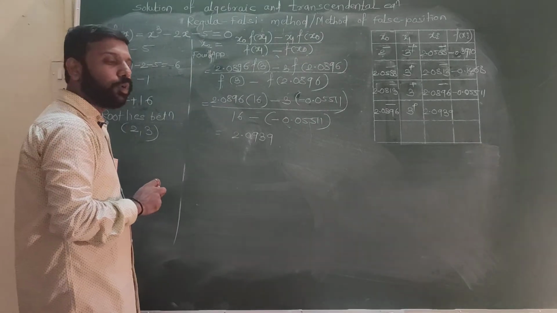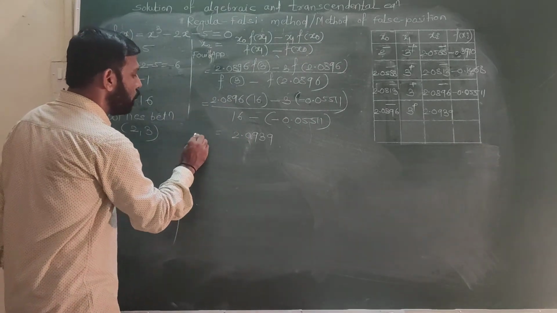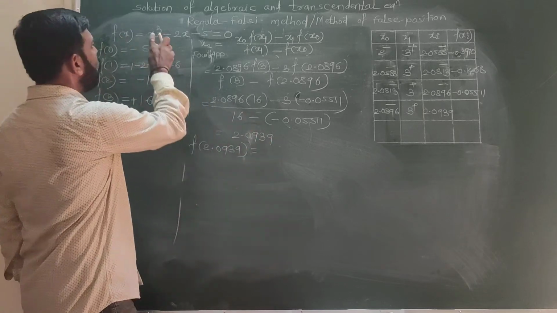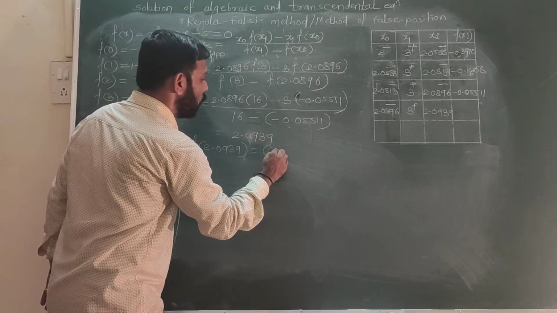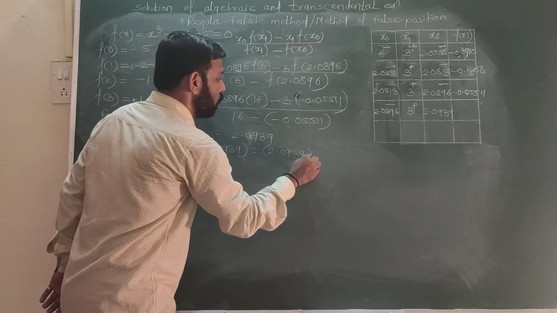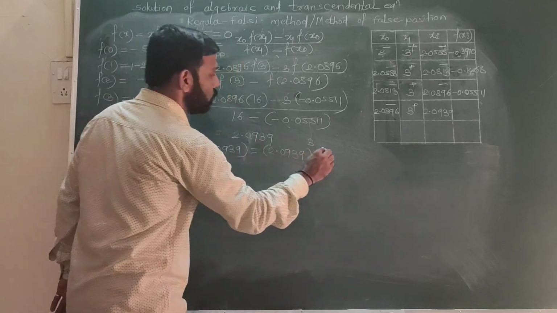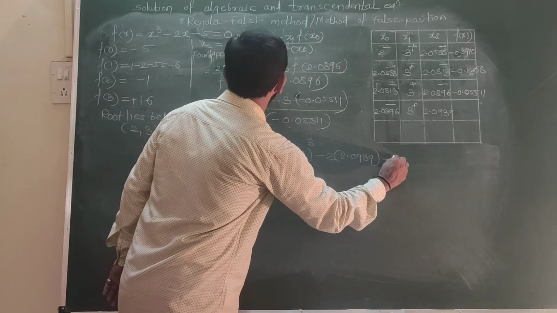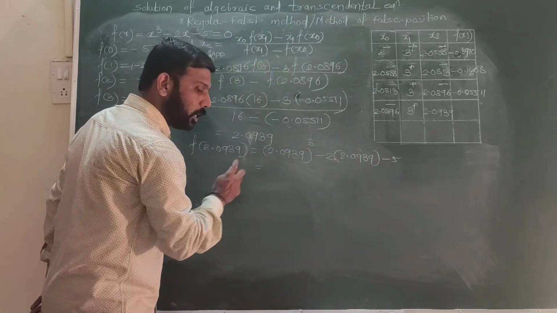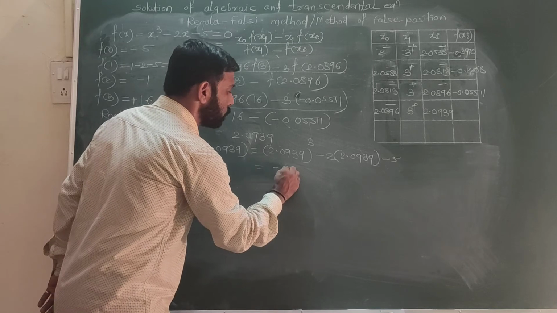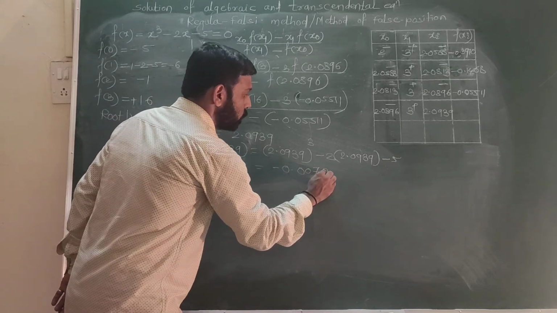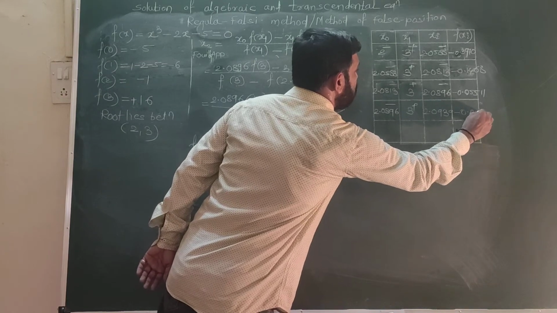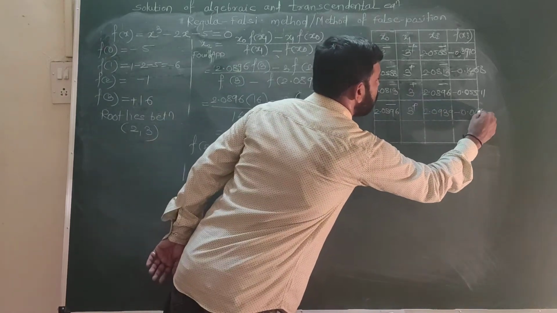Now to find the sign for 2.0939, substitute this value in the polynomial, and I am just representing that calculation here. You calculate this on the calculator, minus 5, and the output is minus 0.0073.